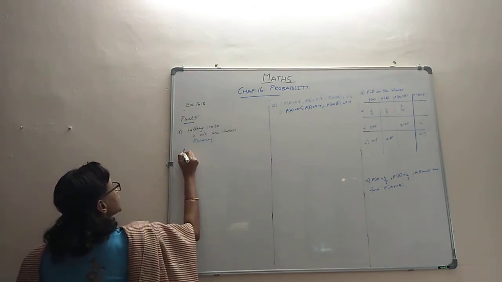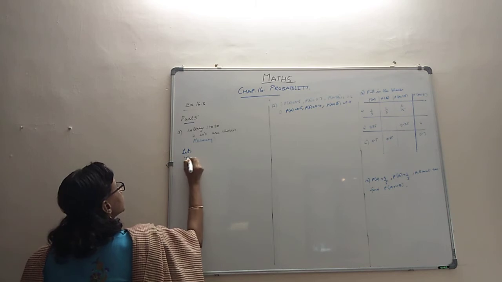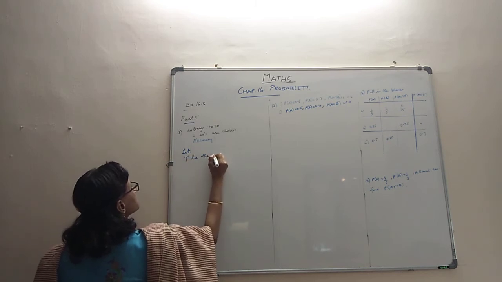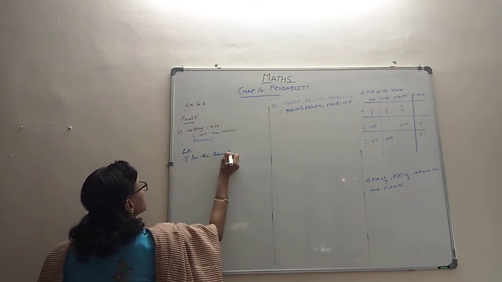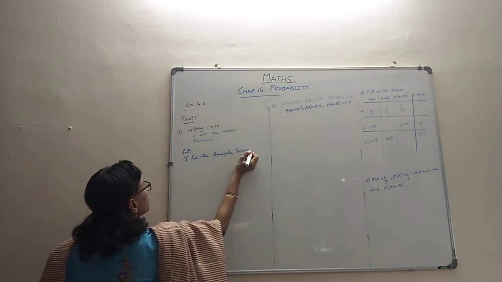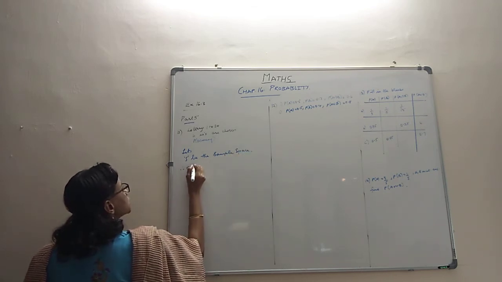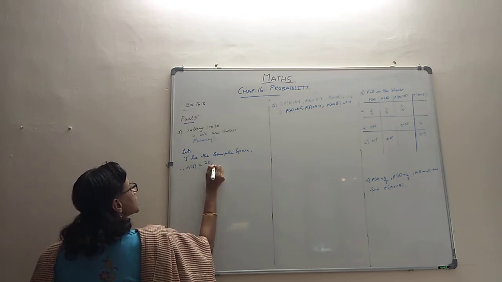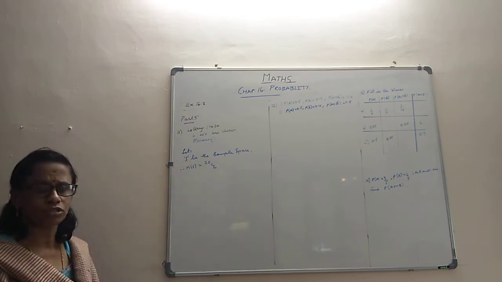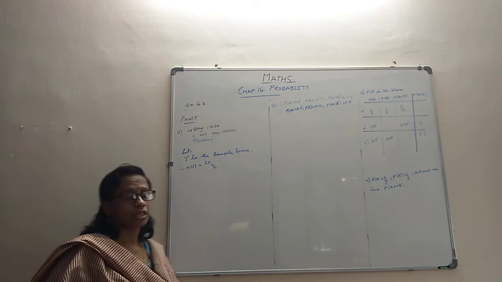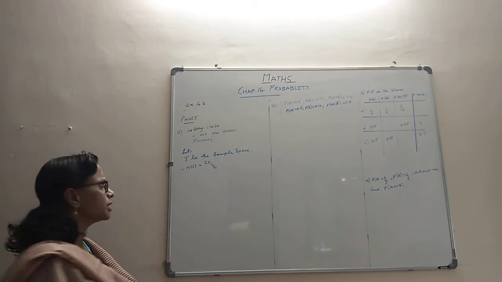We'll say that let S be the sample space. In order to know the number of elements in the sample space, we are choosing 6 numbers from the 20 numbers. So it's 20C6. Let's elaborate it and see what number we get.